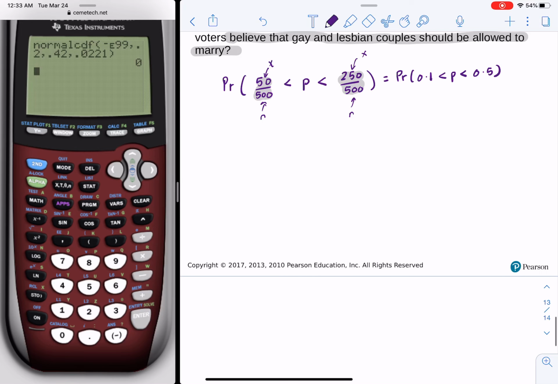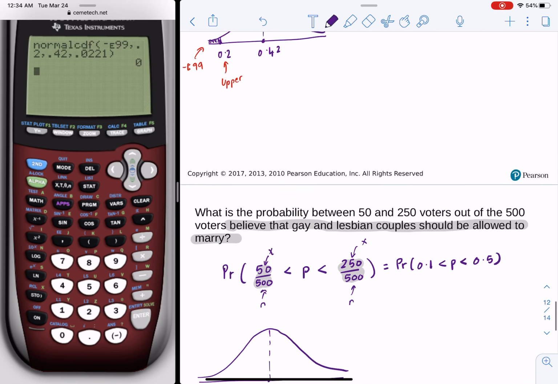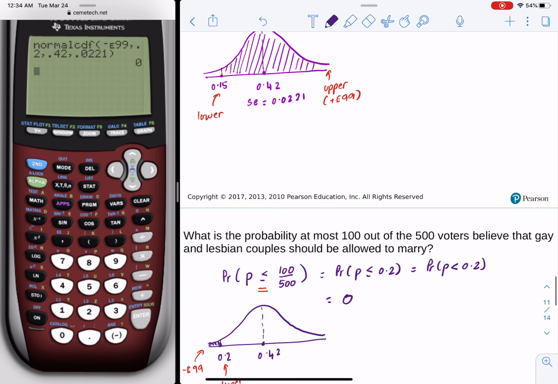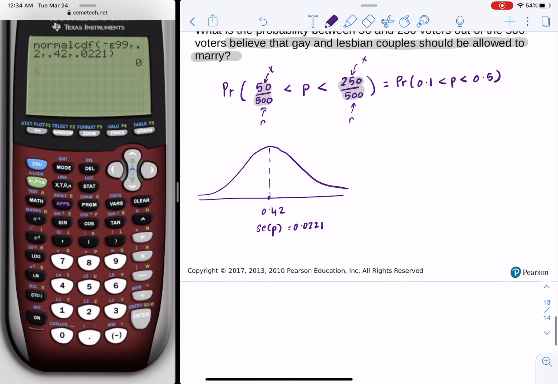We know, according to the sampling distribution that we wrote, the sampling distribution is normal, the mean is 0.42, the standard error for proportion is 0.0221. I just want to make sure.